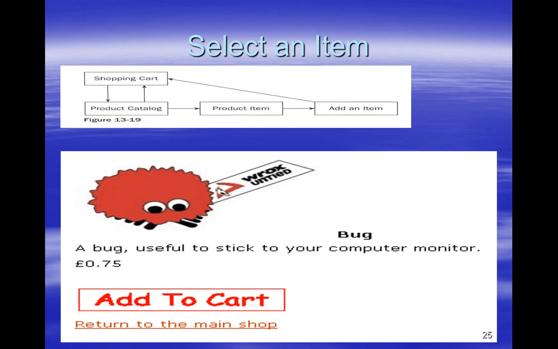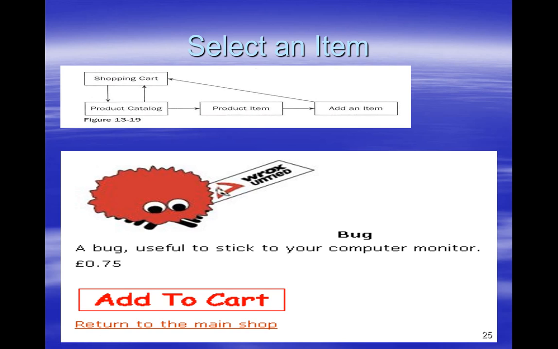So again, this will give you an overall picture of how an item is selected, and once you decide to click add to cart, the add an item method will be called, and the item will be added into the shopping cart list.